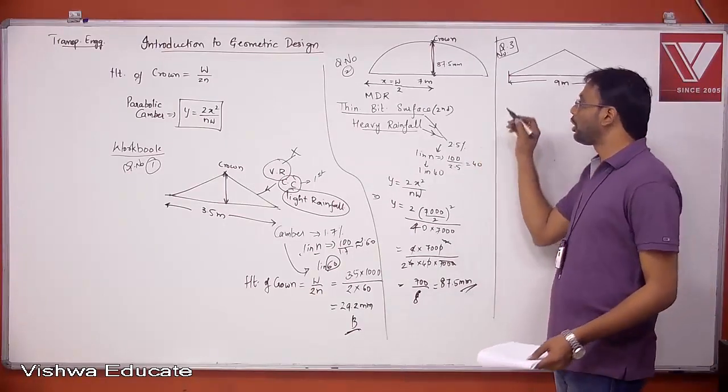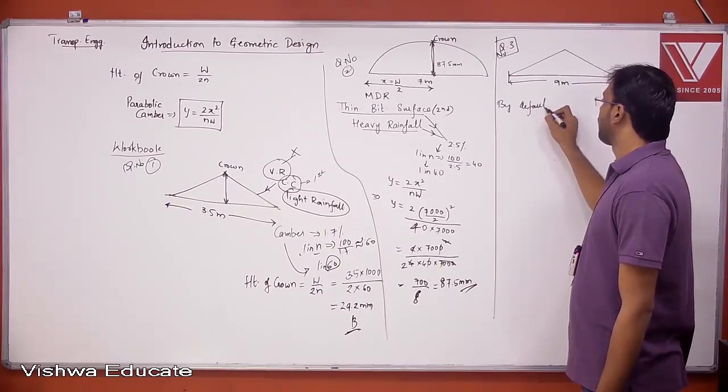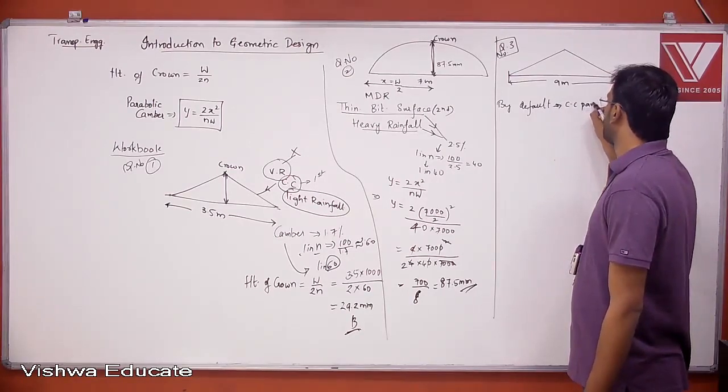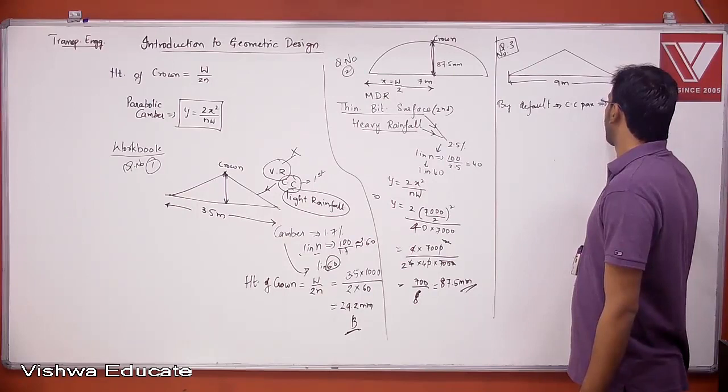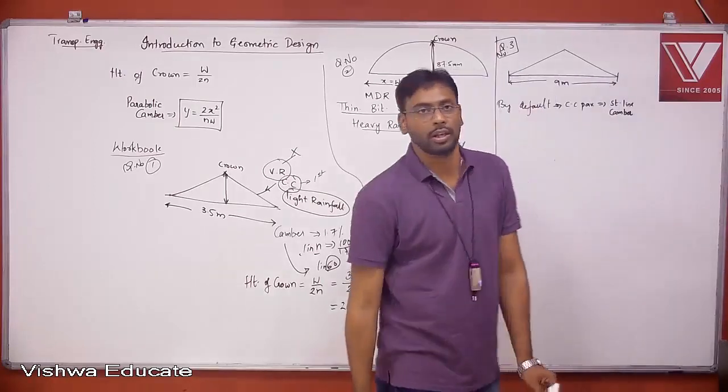By default, if nothing is given, CC pavement means straight line camber, right or not? Which I have already said during the theory part.